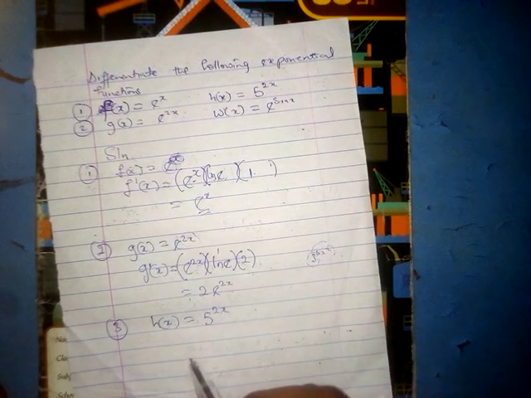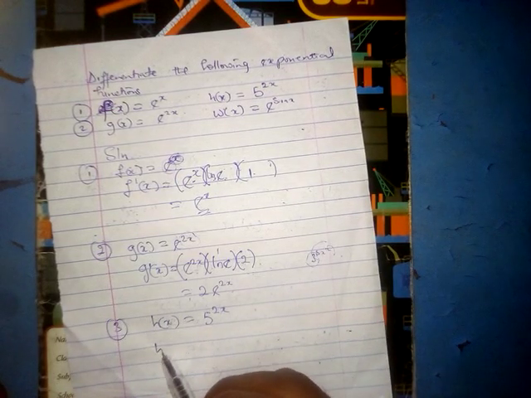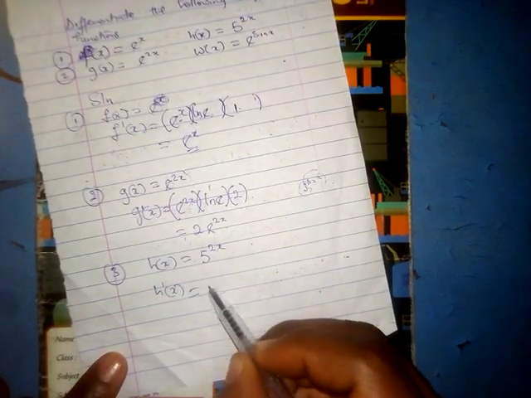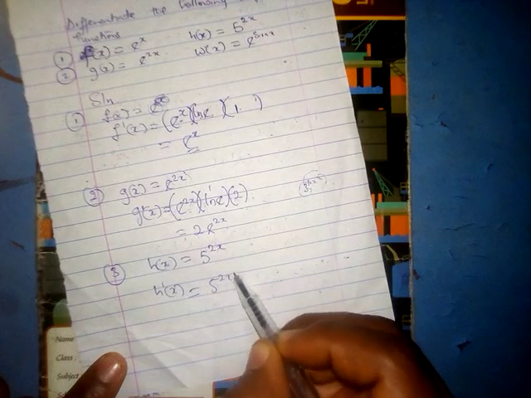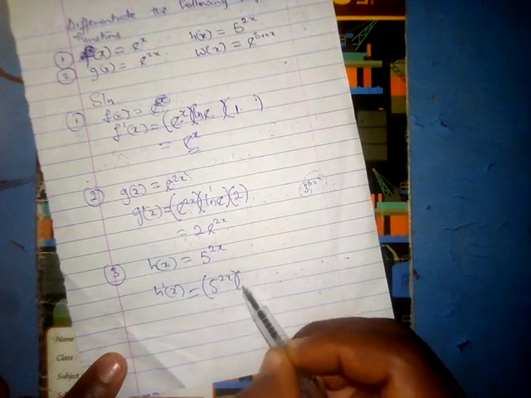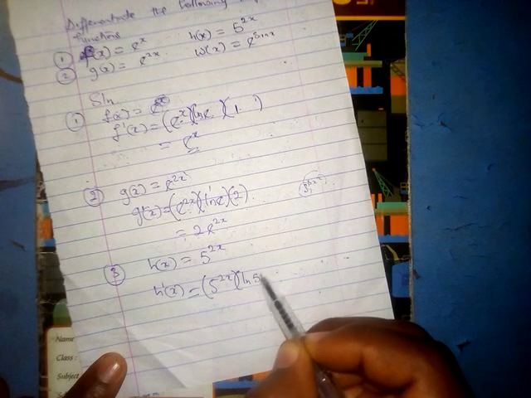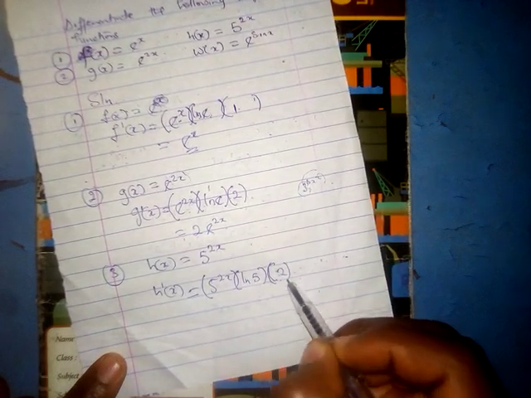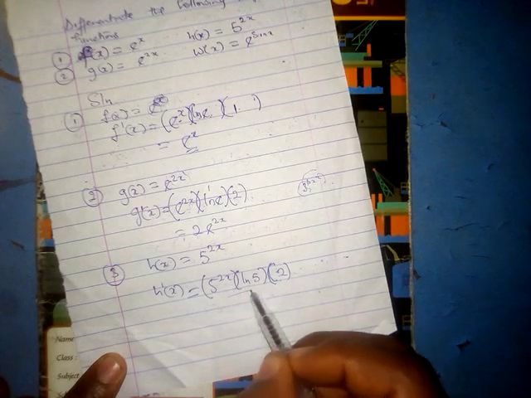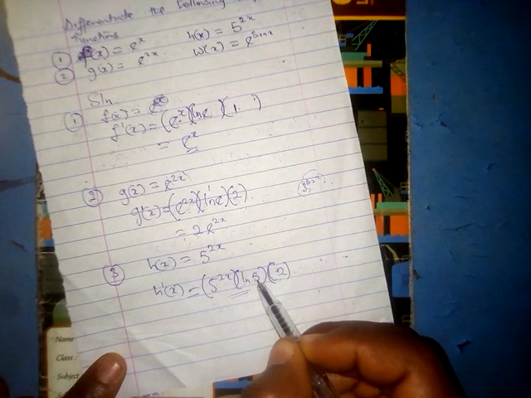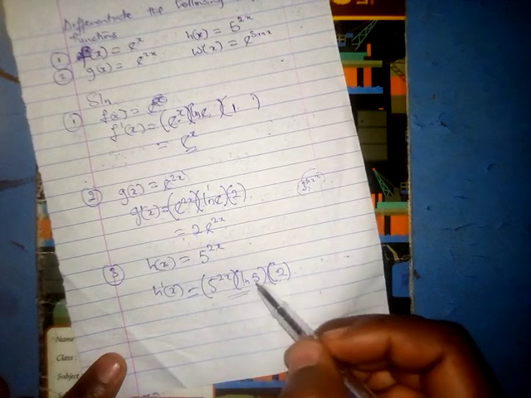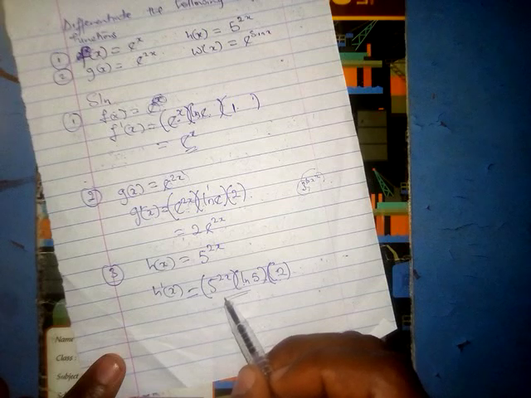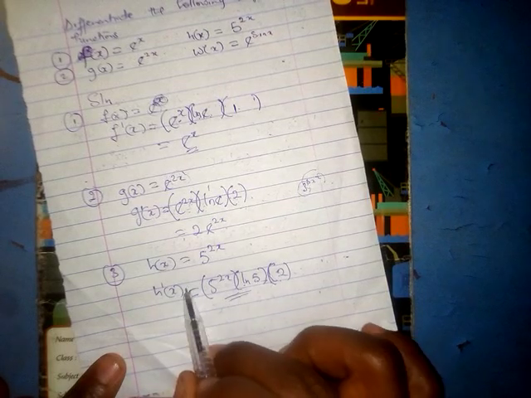In the same manner, we solve this: h prime of x is, first, we write down the function. Secondly, we take the ln of 5, and lastly we differentiate the power, and we have 2. So this is your answer. ln 5 is a constant, a value. If you press the calculator, it will give you a value. So this is the answer for h prime of x.